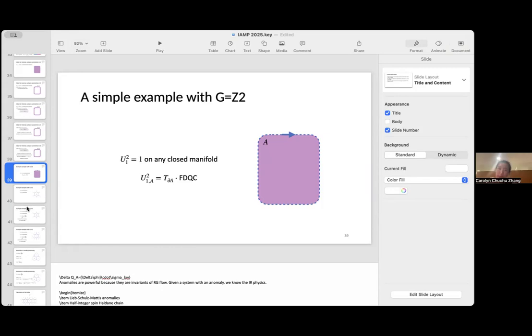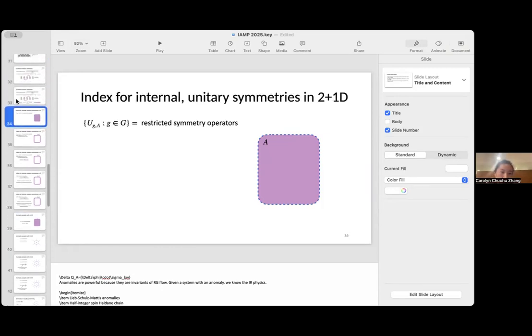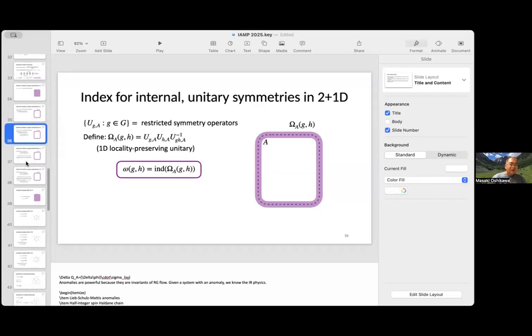It's dictated by this second cohomology class, right? Oh, okay, I see. So here what we have is UG. G is G, and then G squared is just the identity operator, so there's a trivial way to restrict it.